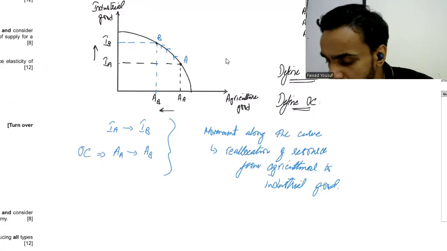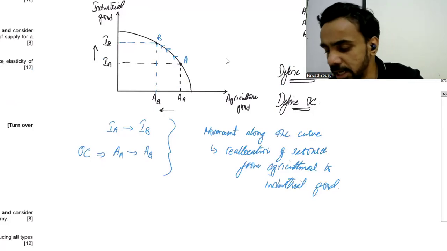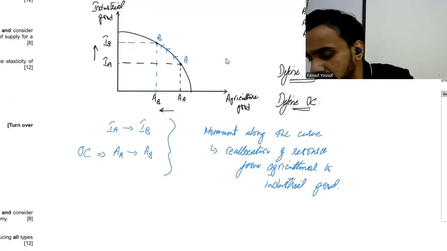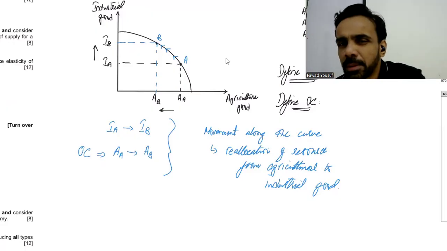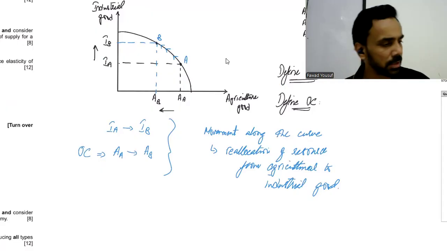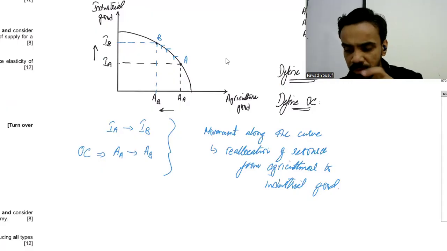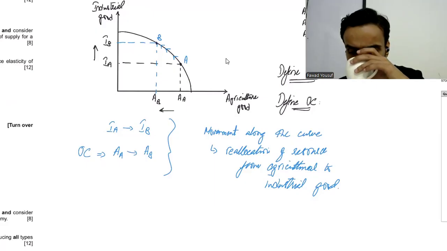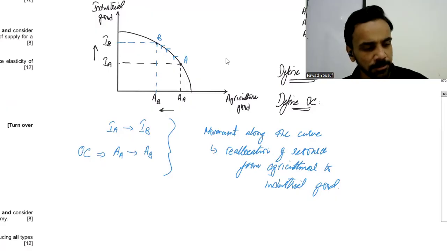अब जहां तक constant है कि constant नहीं होता, what do you remember about that? When do we have a constant and when do we have an increasing? And more of the other good. Yeah, expand.